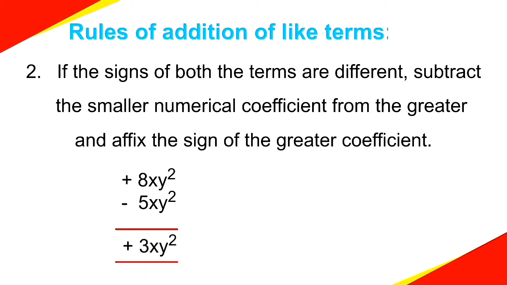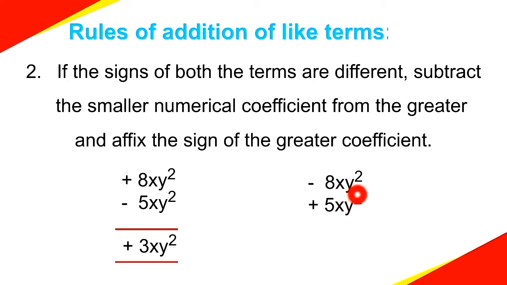Okay, now we are going to solve. What we are going to get? Plus 8 minus 5. What we can get? Plus 3xy square. For 8, we have a plus symbol, so that's why we are going to get plus 3xy square. Now we are going to see one more example. That is minus 8xy square plus 5xy square.